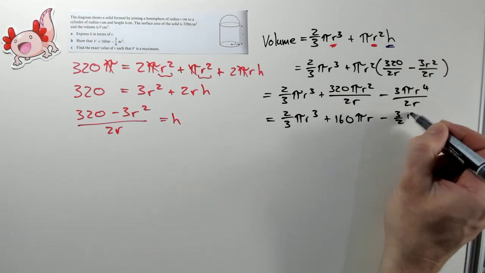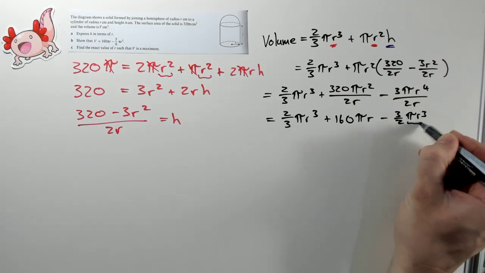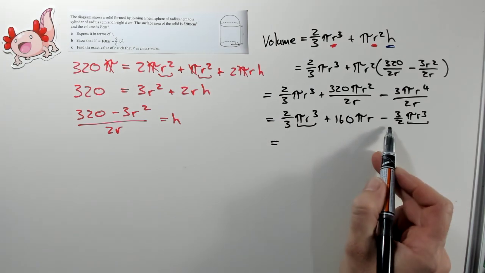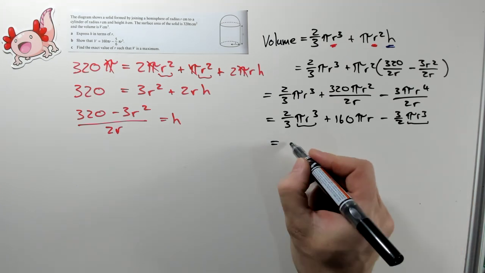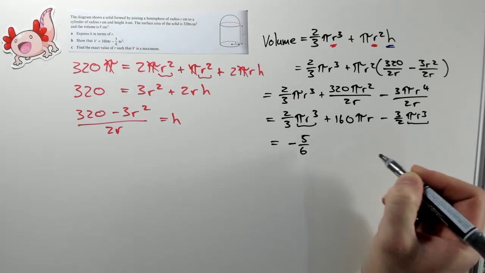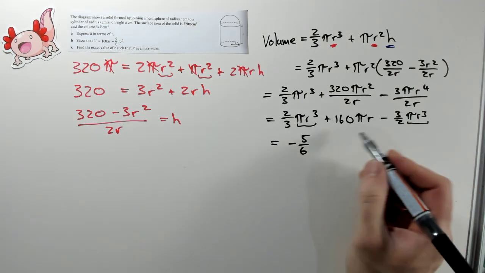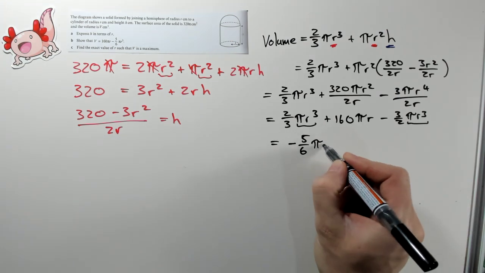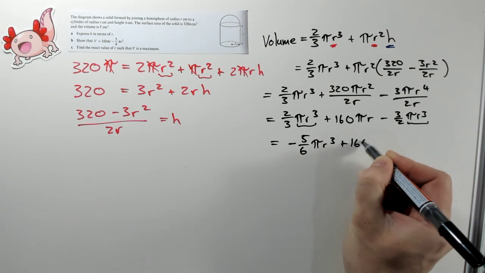There we go. Pi r cubed, and now I have like terms. So 2/3 minus 3/2 is going to be minus 5 over 6. Just getting the denominators the same, and then subtracting, and then this is pi r cubed, and then plus 160 pi r.